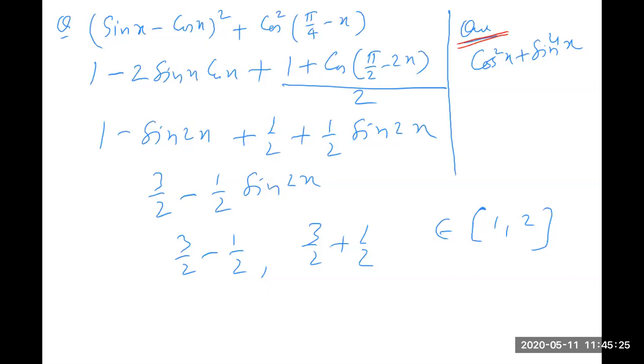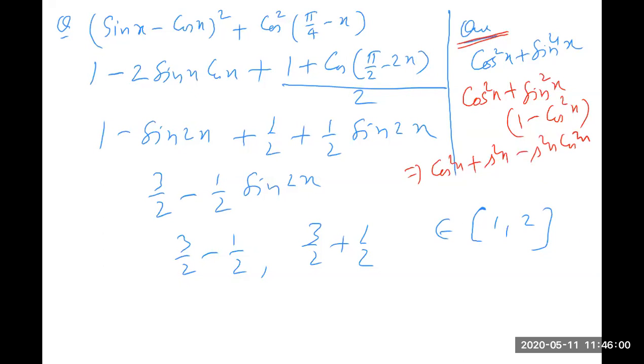So in this question, cos square x plus sin 4x, you can write this as cos square x plus sin square x into sin square x, and sin square x is 1 minus cos square x. So this can be written as cos square x plus sin square x minus sin square x cos square x.